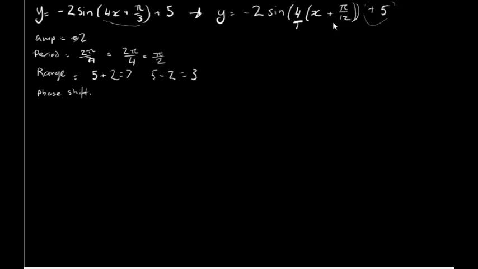We've now got a phase shift as well of pi on 12 units. And that's all that we need to do.